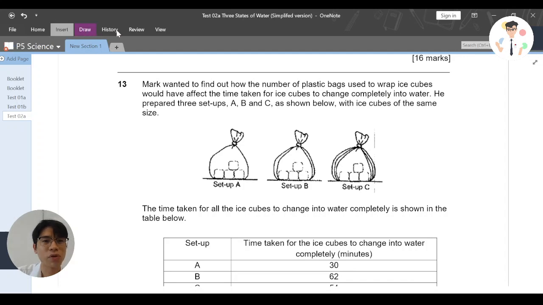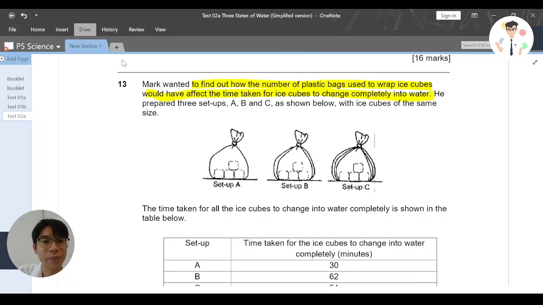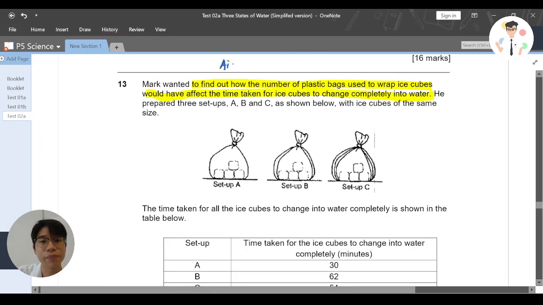When you see the words "to find out how the number of plastic bags used", this whole sentence would actually be the aim of the experiment. Usually the aim always starts with "to find out what affects what".